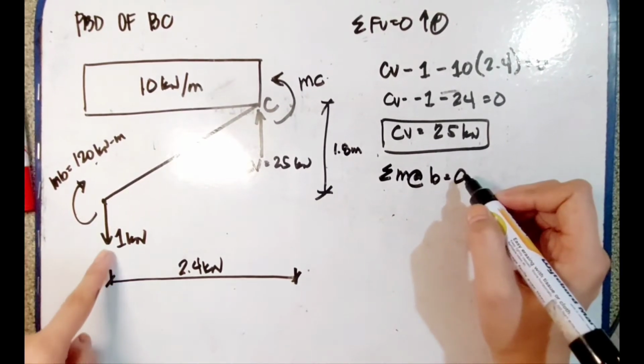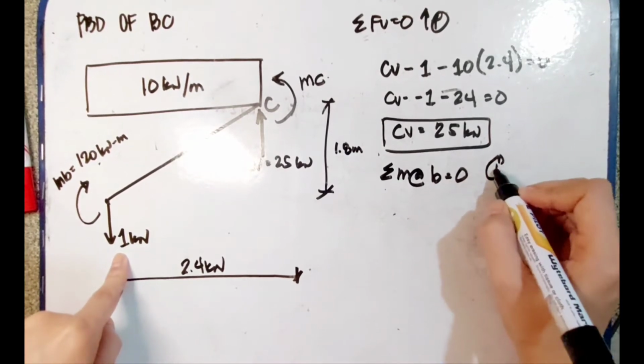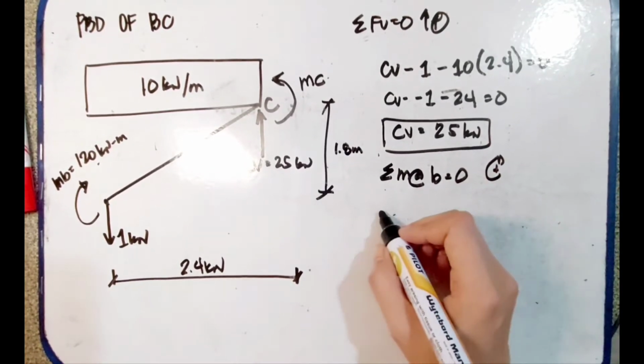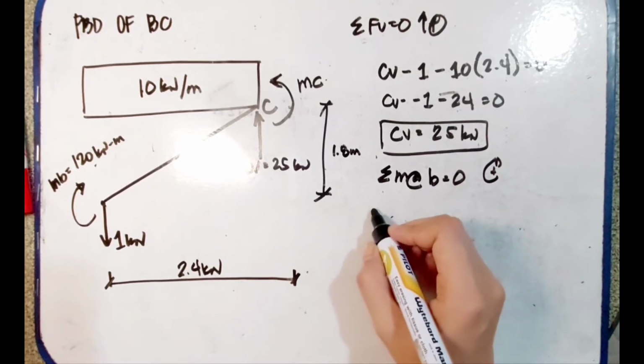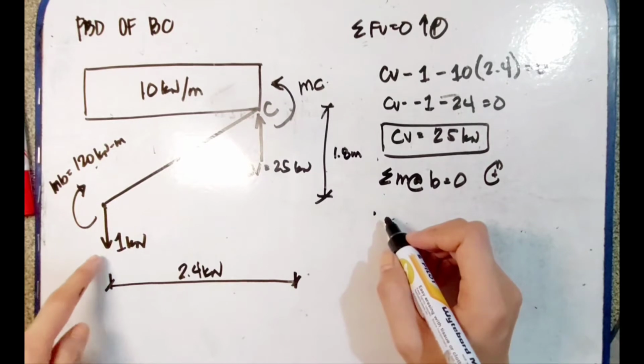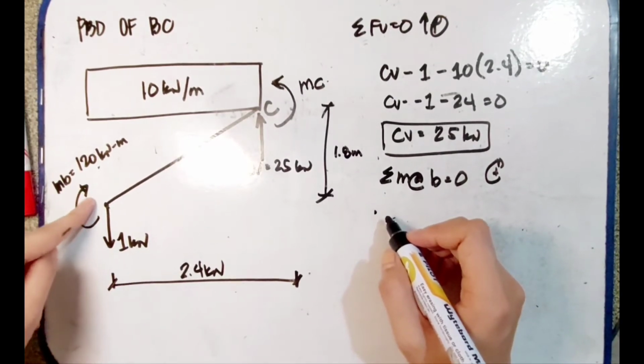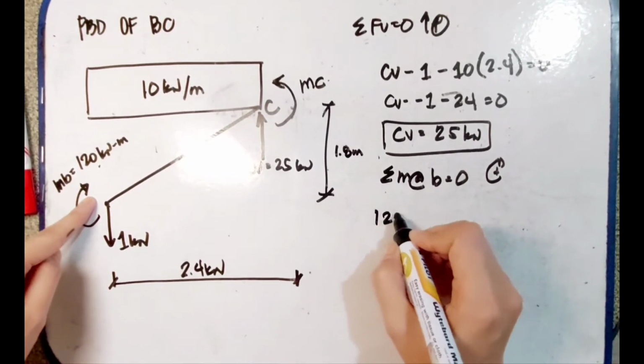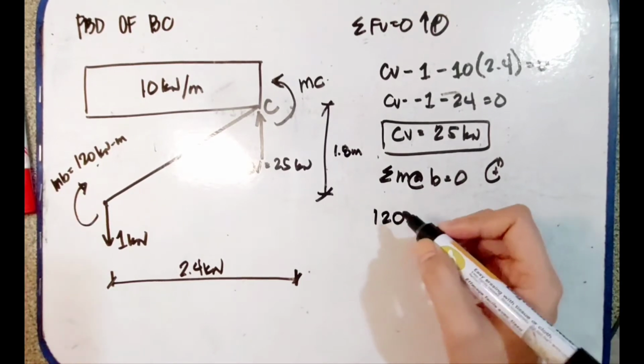Para mawala itong 1 natin. Clockwise is positive. So, we have 120. Bakit 120? Kung dito tayo nag-reference, si 1 mawawala, pero si 120 as is pa rin. So, 120. Clockwise naman siya, so positive.